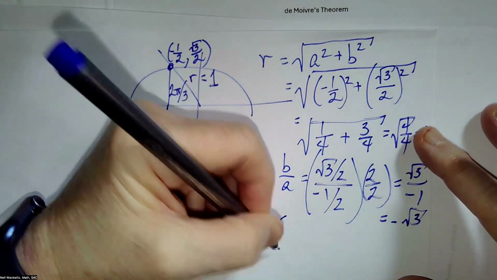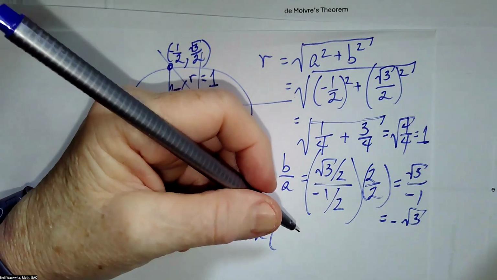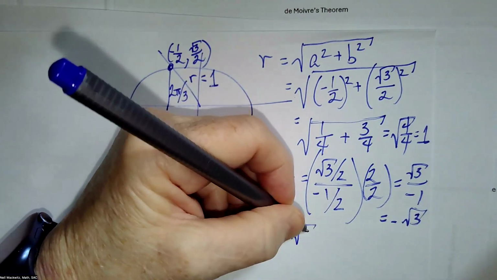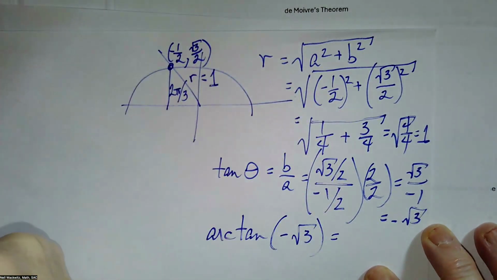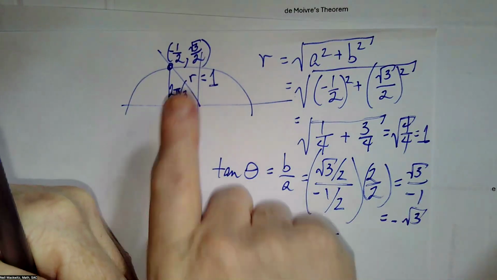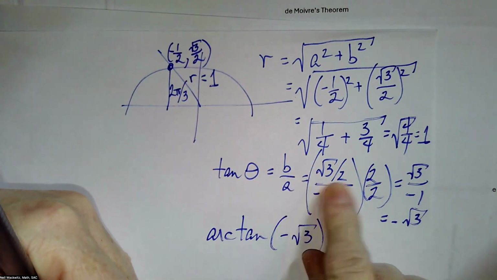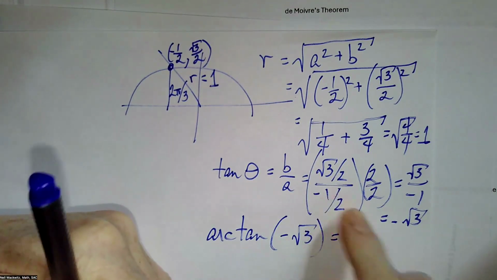The arctan of negative square root of 3, well, that's going to be in the 4th quadrant. And since sine is square root of 3 over 2, I know that we're at pi over 3.